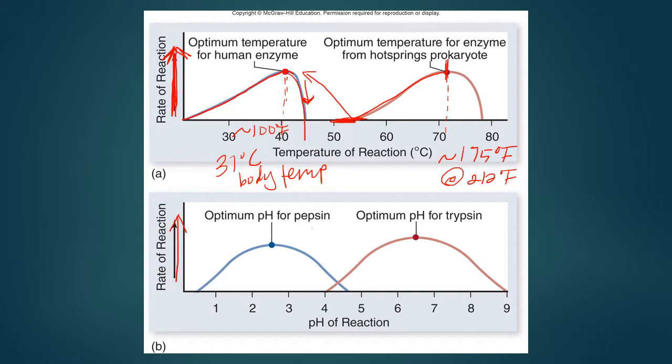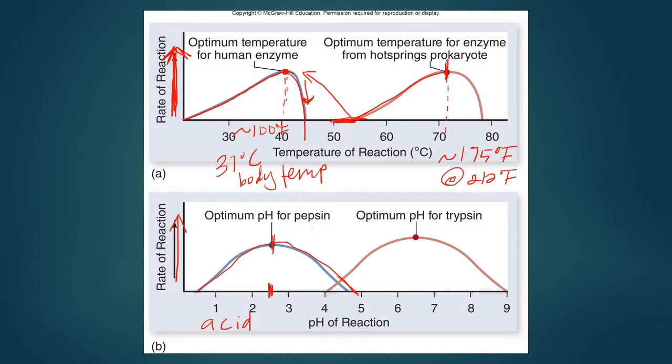So pepsin is a protein in the human body, and I'm not sure where pepsin occurs. I'll look that up in a second and say it on the next slide so I don't waste any time. So pepsin has an optimal pH range of about 2.5, and I suspect because this is a low acidic pH that this is one of the ones found in the stomach.